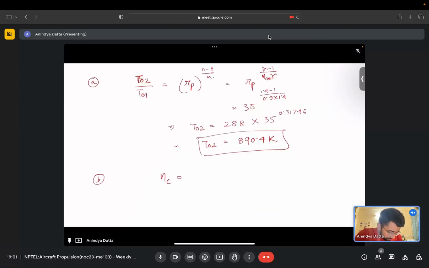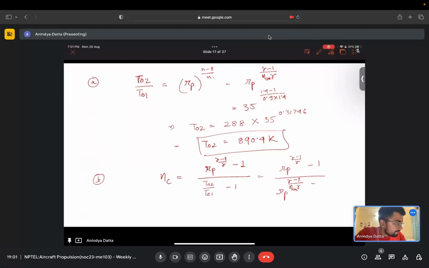So eta c is equal to (rp to the power (gamma minus 1) by gamma minus 1) divided by (T02 by T01 minus 1), or (rp to the power (gamma minus 1) by gamma minus 1) divided by (rp to the power (gamma minus 1) by (eta c infinity gamma) minus 1).